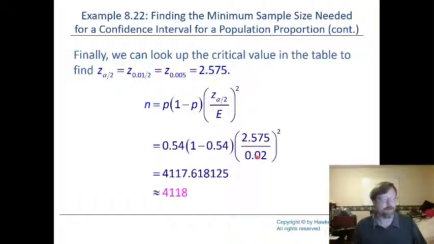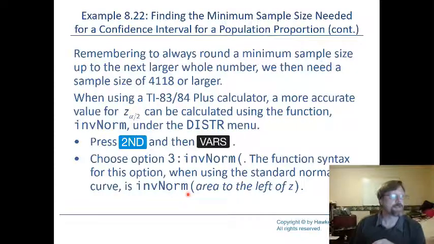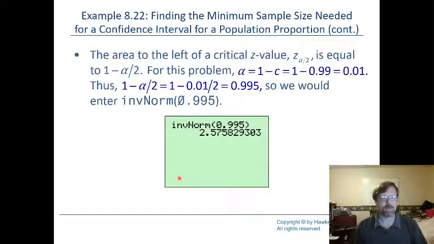So for that we need 4,118 samples. Again, we can also do this with the TI-83/84. Going to use the inverse normal function under the distribution menu. I'll let you look at the syntax for that as you want to.